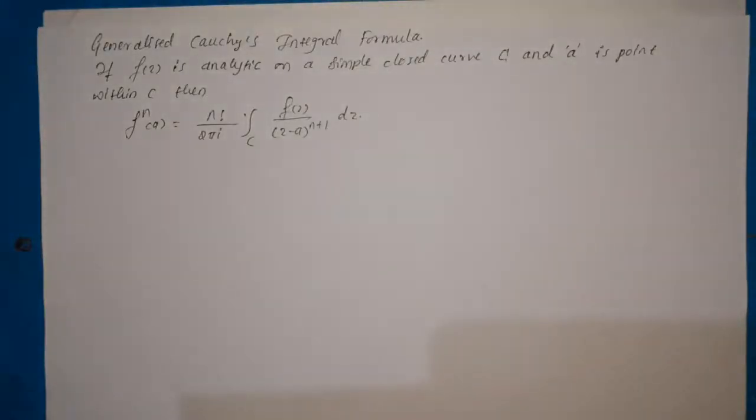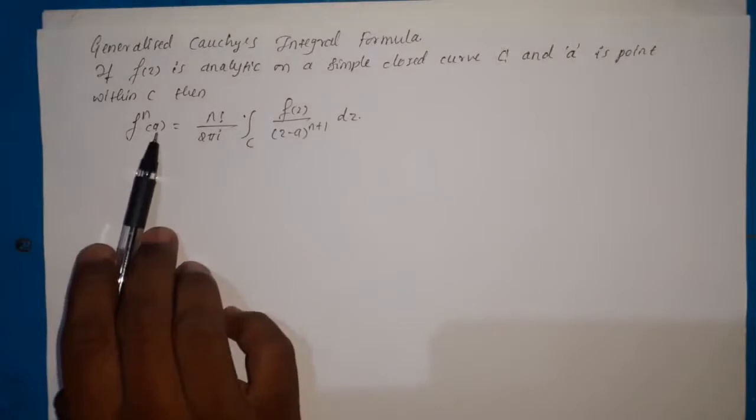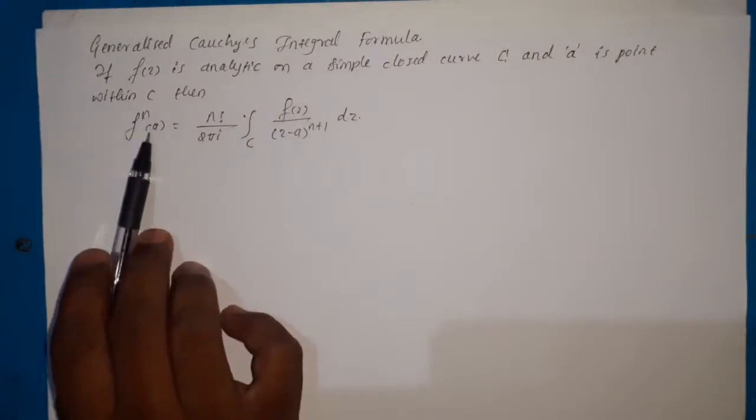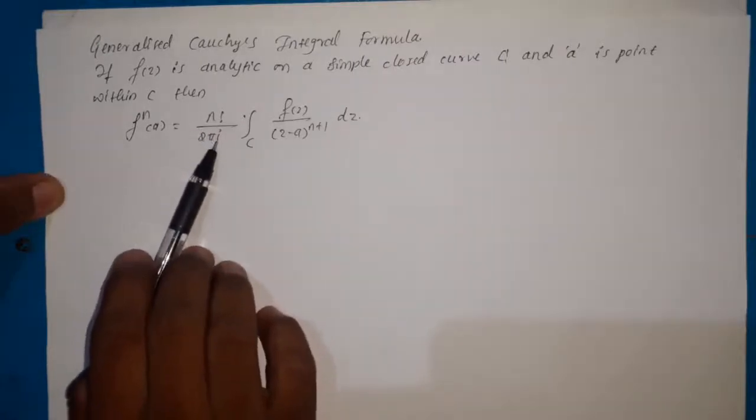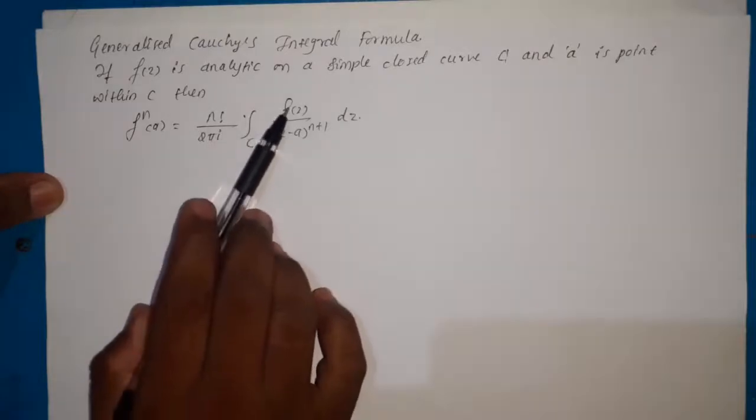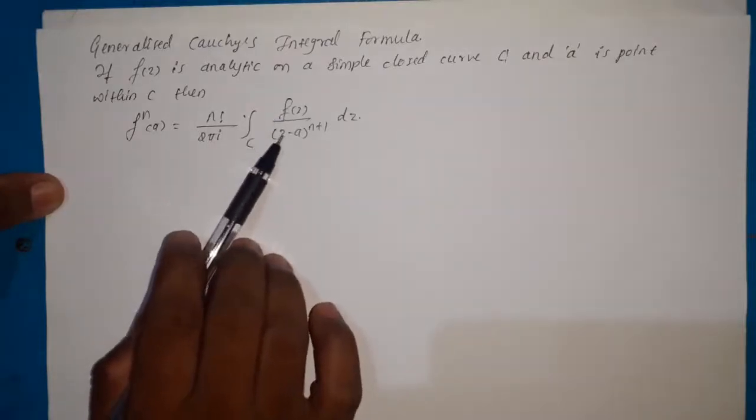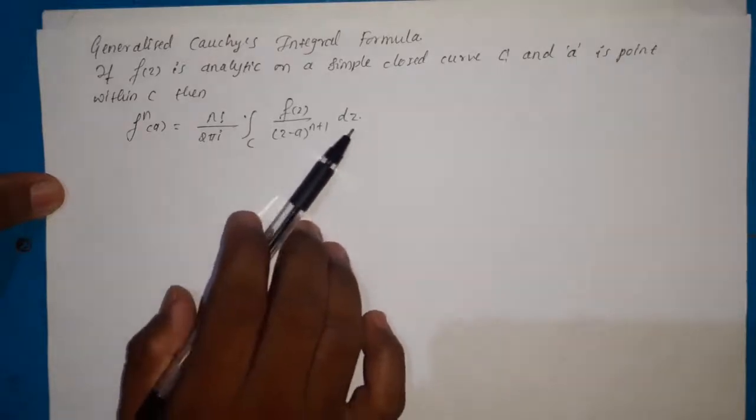And the next one is a generalized Cauchy's integral formula. The previous one is Cauchy's integral formula; here generalized Cauchy's integral formula means it is for the nth derivative. Here also the same, f of z is analytic on a simple closed curve C and a is any point within C, then f power n of a, meaning the nth derivative of the function at a, is equal to n factorial divided by 2 pi i integration over C f of z divided by z minus a whole power n plus 1 dz.